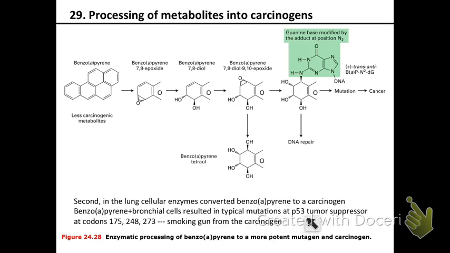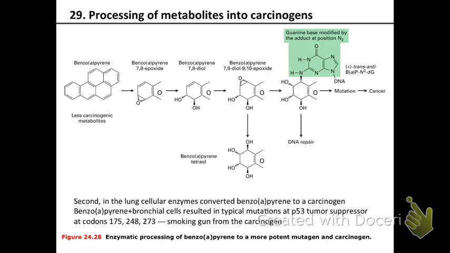And then interestingly, what they saw was that the same codons that you find changed in people with cancers were also changing the same way in these cells. So basically, the carcinogen was leaving its fingerprint at the scene of the crime, right? So the researchers concluded that it is this compound that is causing the specific mutations in the tumor suppressor gene p53.